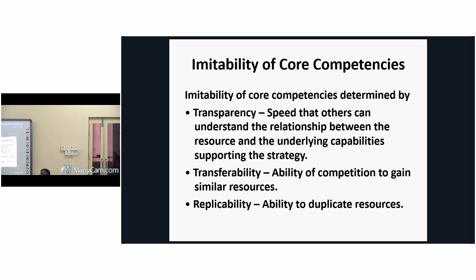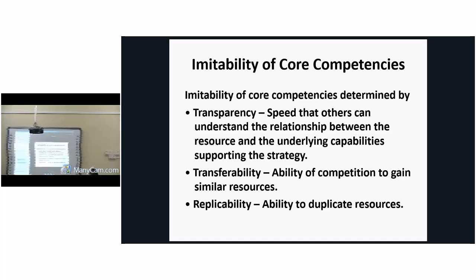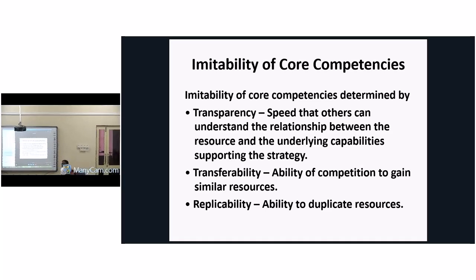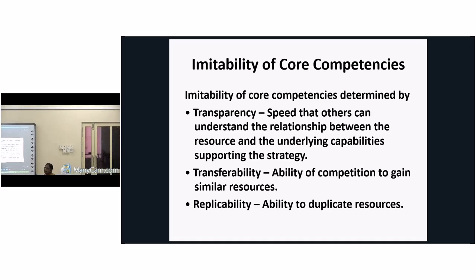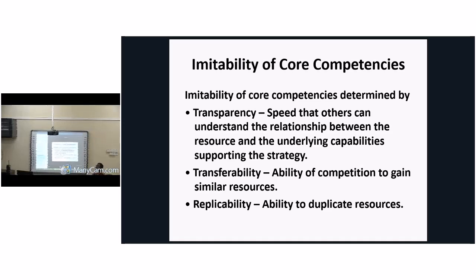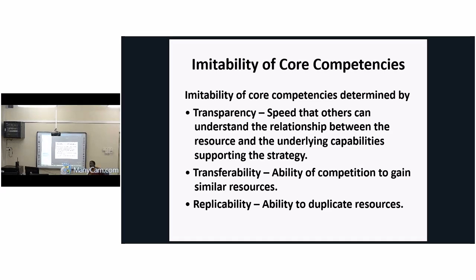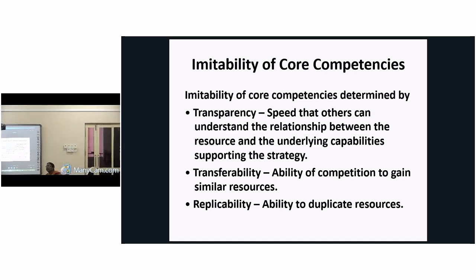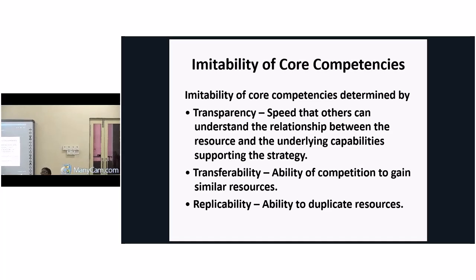So transferability, you have a particular type of competency or capability or resources, then others can gain the same duplicate thing. Again, that is transferability. That also leads to imitation, and it finally leads to the sustainability of your strategy.